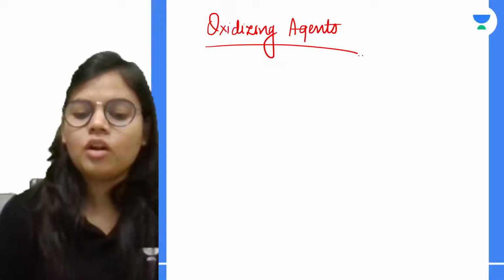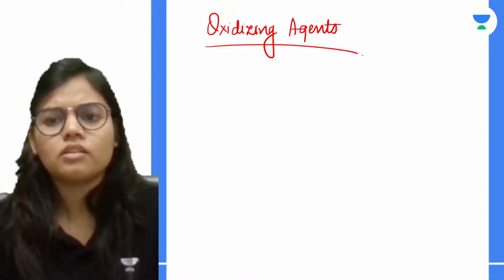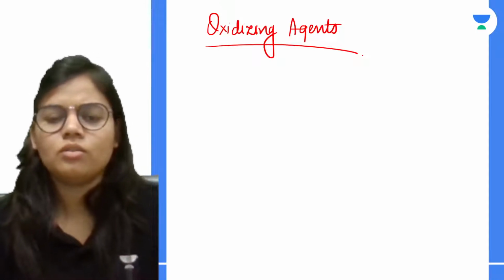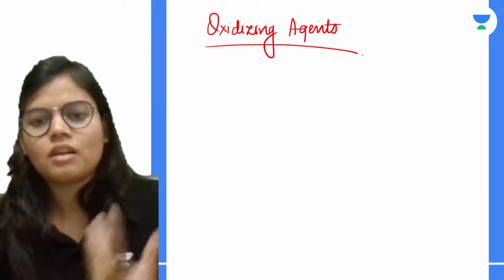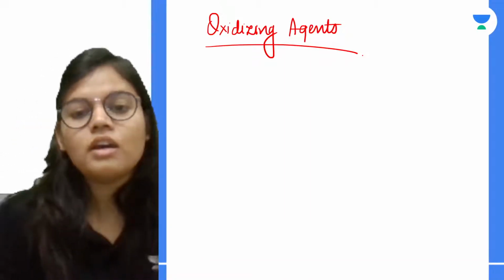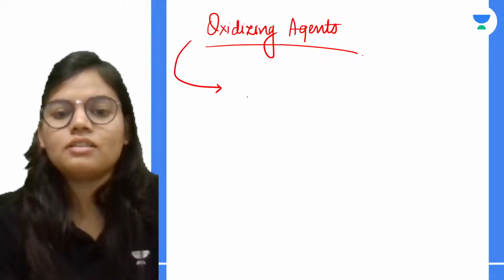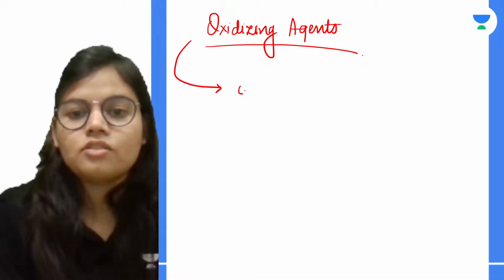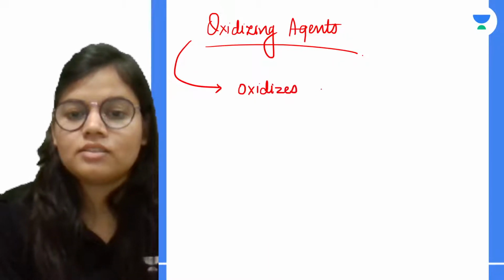What do we mean by oxidizing agent? What is an agent in normal language? An agent is someone or something that does a particular task. So what is the function of an oxidizing agent? It oxidizes other substances. So an oxidizing agent is a substance that oxidizes other substances.